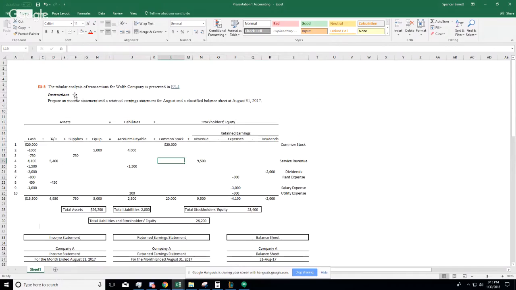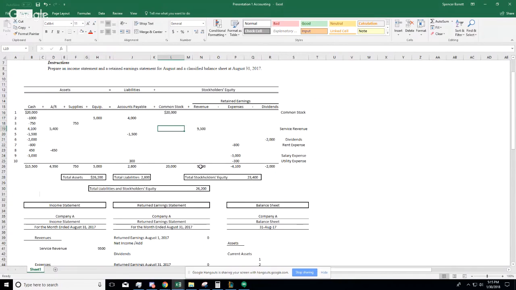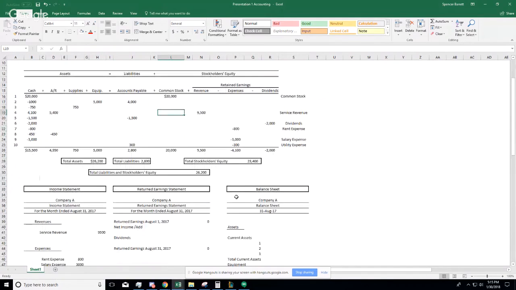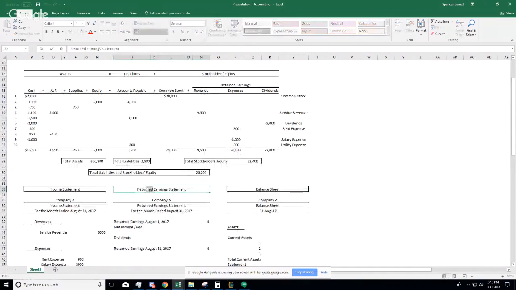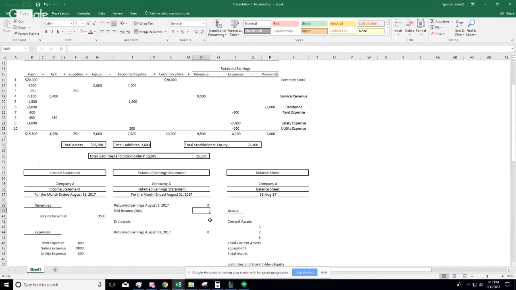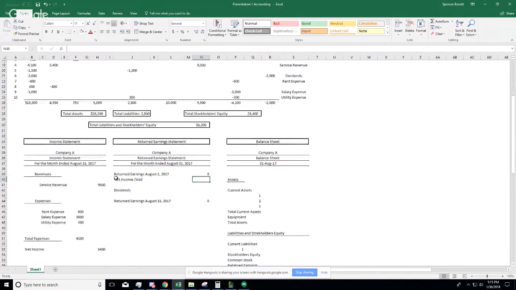We have zero information about that, meaning it could be a new company. They could have just not had any retained earnings. Sorry, I don't know why it says returned. It should say retained. So we have to assume that it's zero. We just don't have that information.